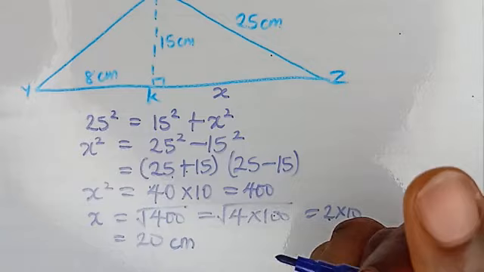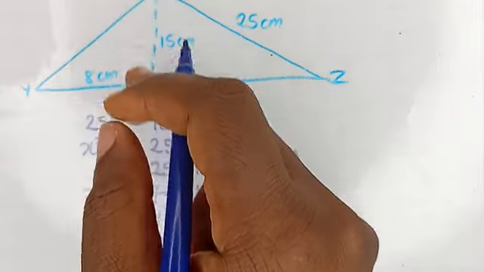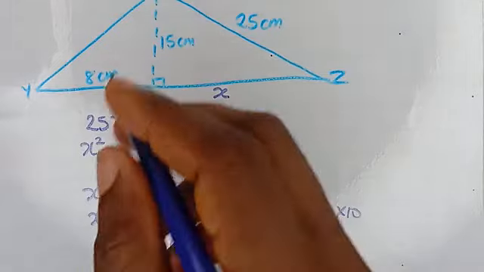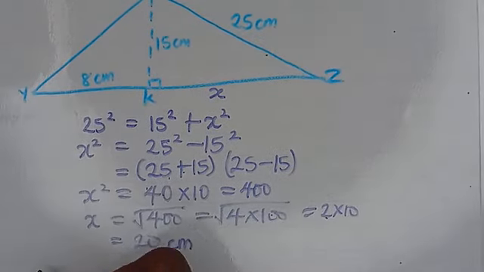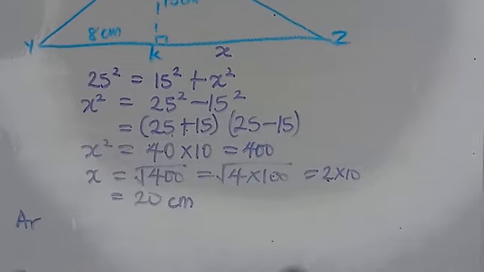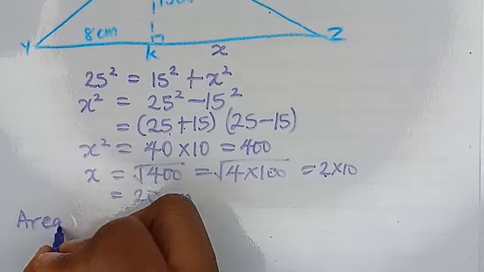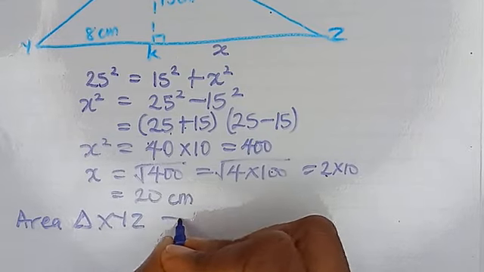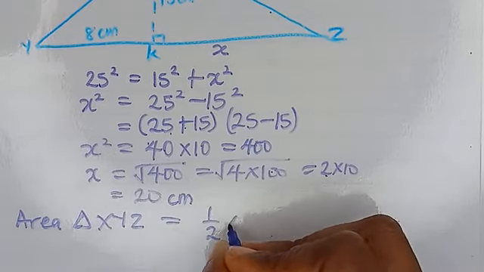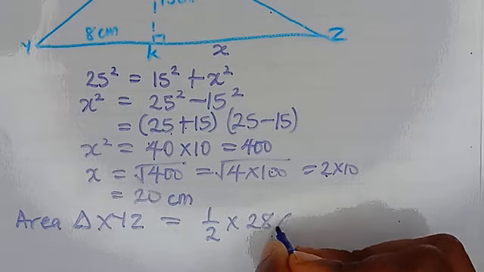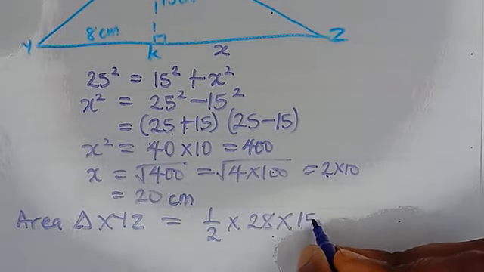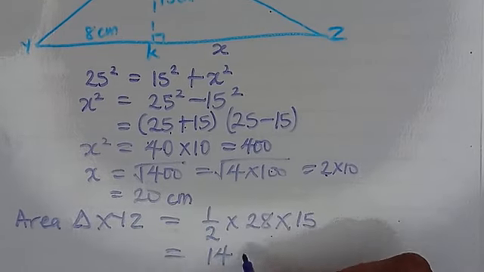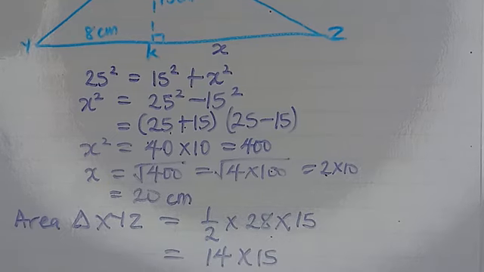Okay, so what we have to do now is to say half base times height. The base is 28, and the height is 15. So area of triangle XYZ is equal to half base, 28 cm, times height, 15 cm, which is equal to half of 28, which is 14, times 15.